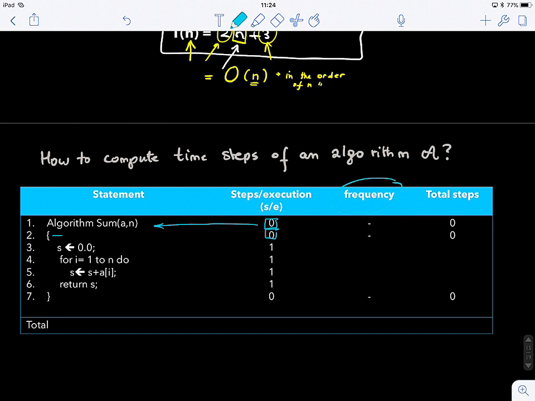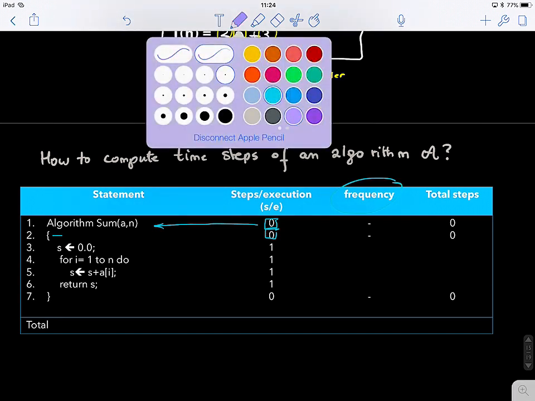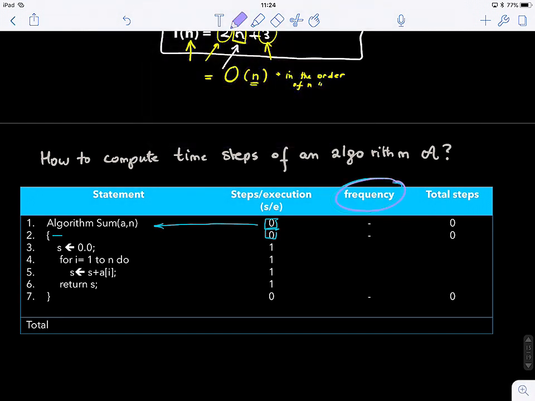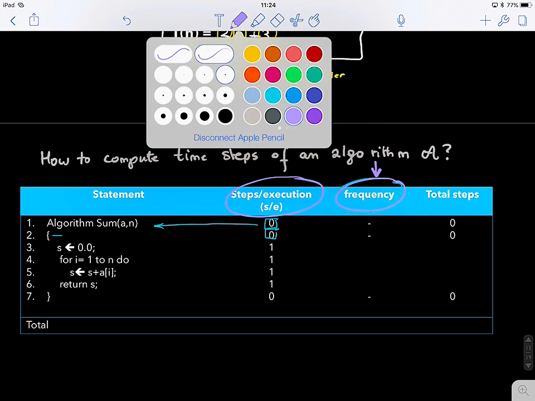So I have separated them into 2 columns. How many times will this instruction be executed? Yes or no? And if it will be executed, how many times? For example, the first one, line 3, will be executed one time.